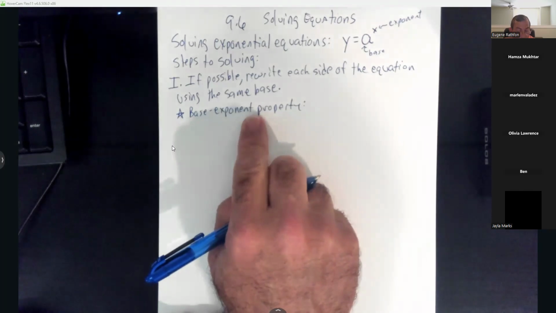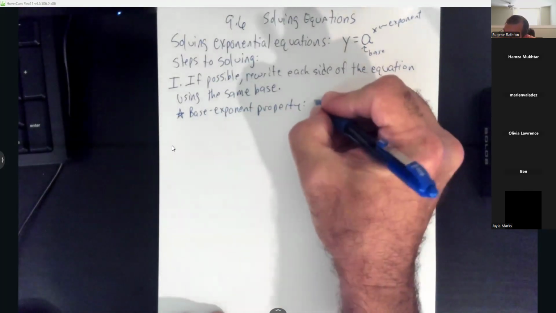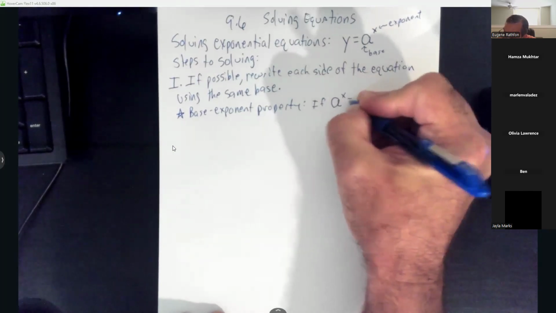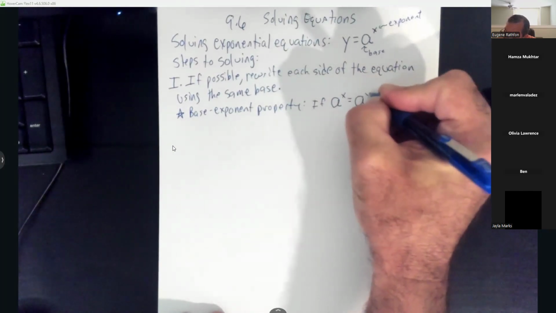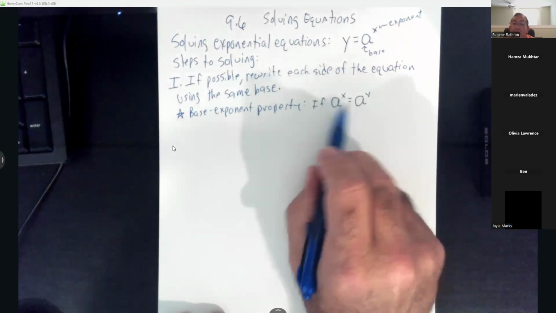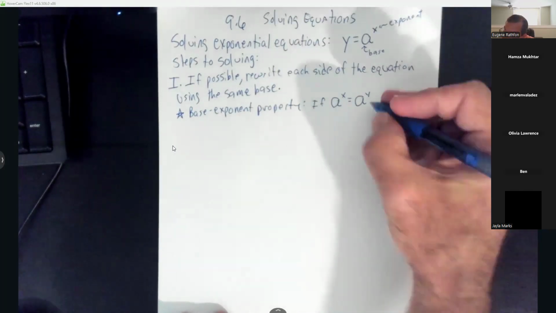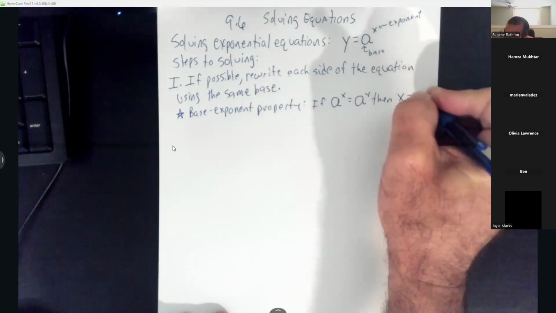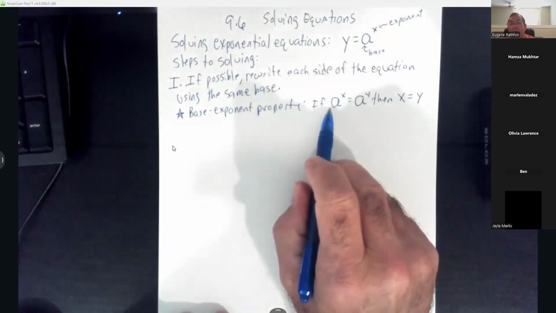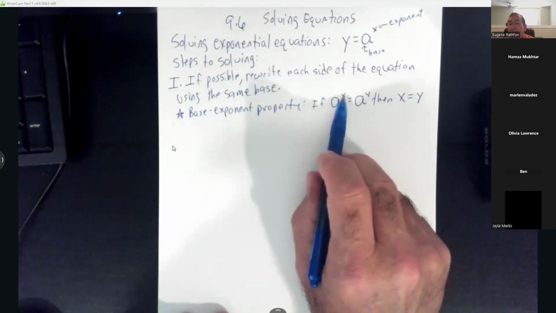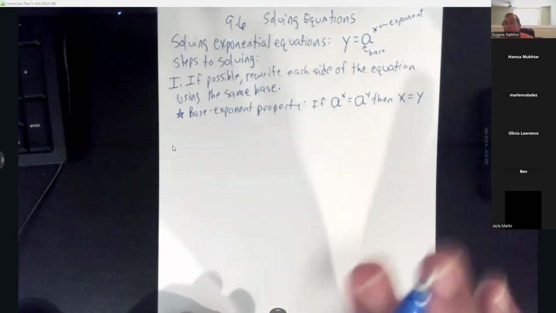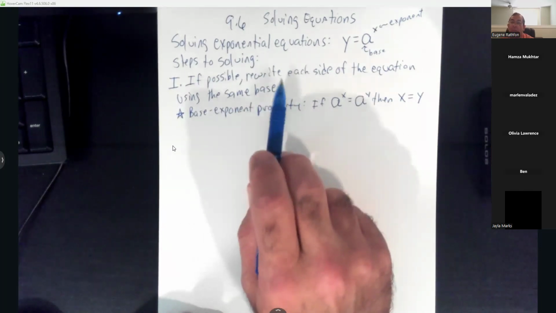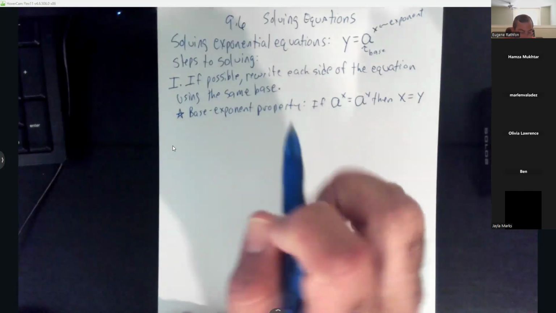This base exponent property says if a to the x equals a to the y, so if the bases match, then x equals y. So if you got the bases matching, then the exponents have to be equal to each other, okay? So that's a big property if we can get this rewritten.